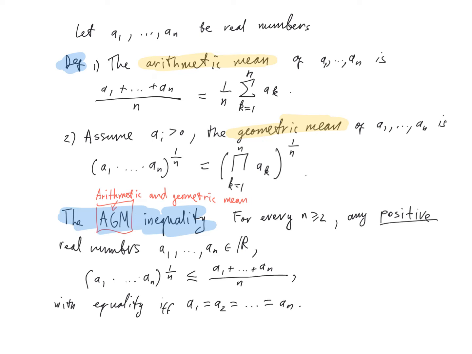So precisely in the case when all of these numbers are equal. If at least two of them are not equal, then we get a strict inequality instead of less or equal here.